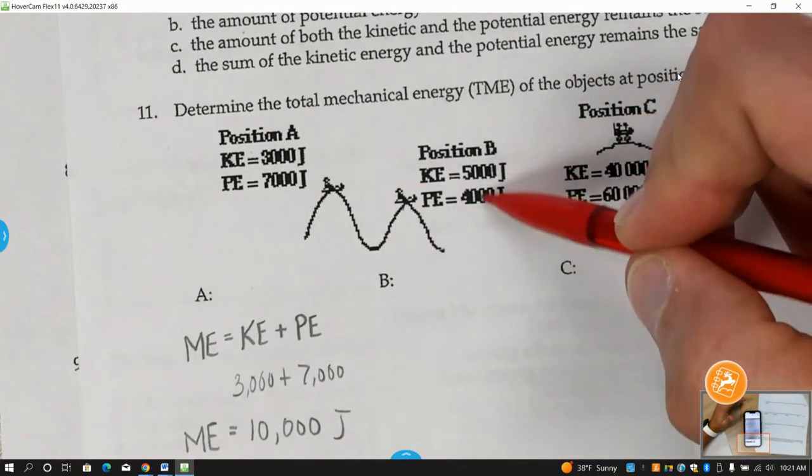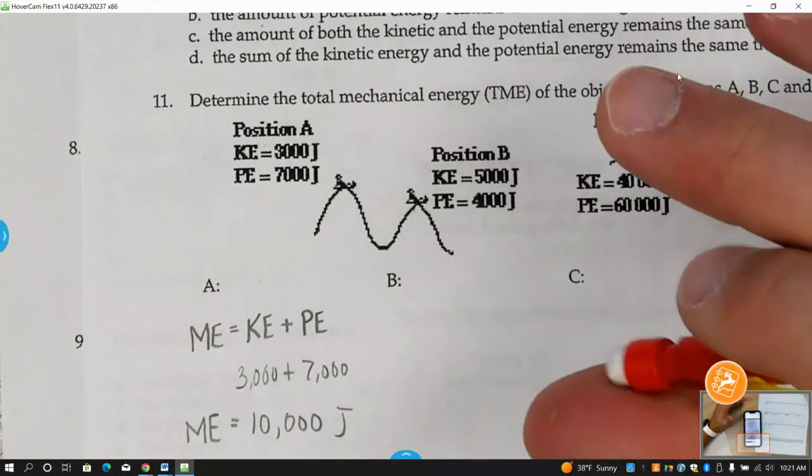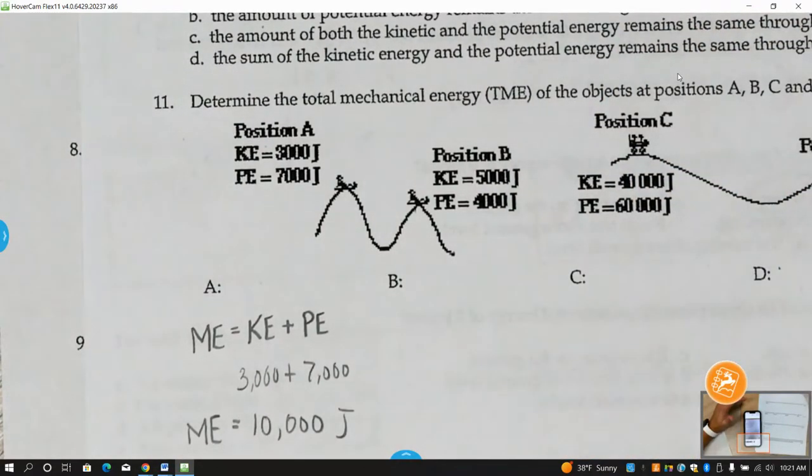But when you add these two up, it's 9,000. So how much energy was lost? 1,000, right? Because 10 minus 9, there'd be 1,000 joules worth of energy lost due to the friction between the board and the snow and whatnot. Okay, so you guys can definitely finish those off. It'd be super easy.